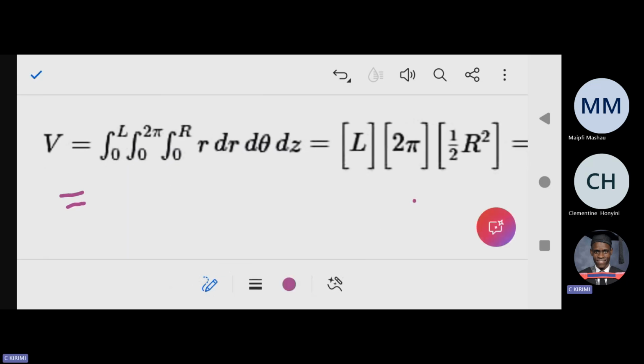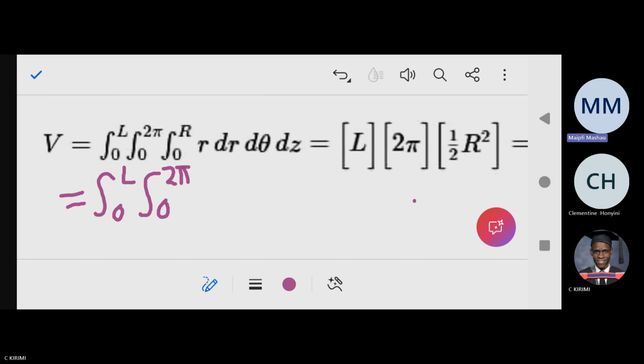Which is equal to the integral from 0 to L, then the integral from 0 to 2 pi. So now I'm integrating r. If I integrate r, what do I get?